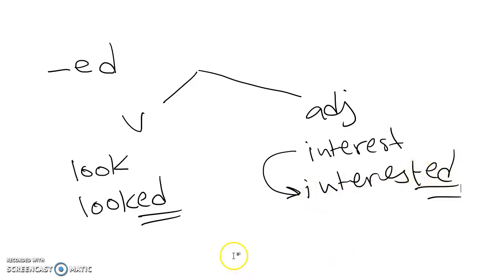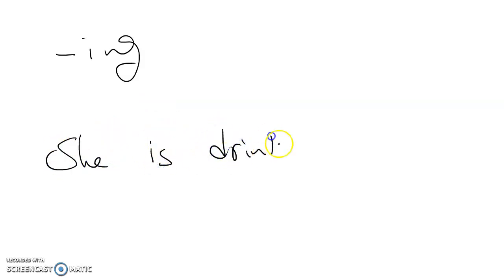Other examples, we have, for example, the -er suffix. If it is added to a verb, it will become a noun, like act, or for example, write, writer. And on the other hand, I can get an adjective with it. -ing as well. -ing could be added either to a verb to get the continuous tense, or to a word to have an adjective, like when we have she is drinking.